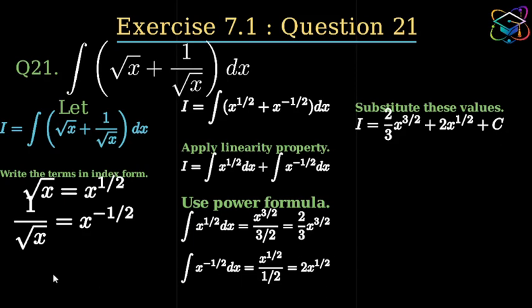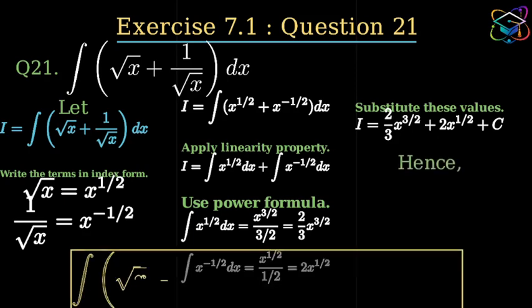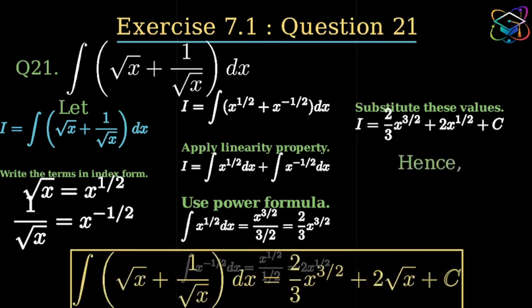So this is the final answer of this problem. The solution is integration of under root of x plus 1 upon under root of x dx is equal to 2 upon 3 x raised to 3 by 2 plus 2 square root of x plus c.